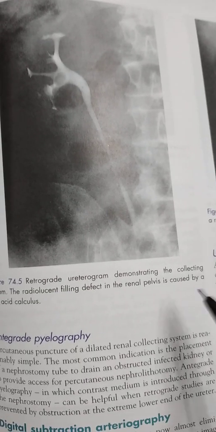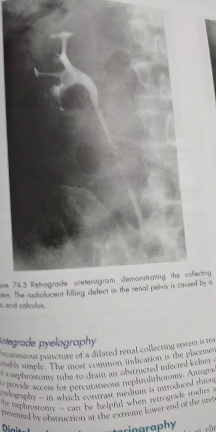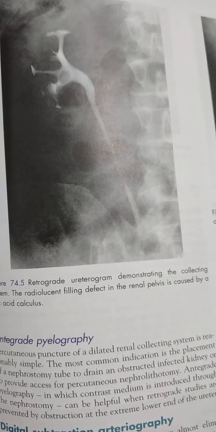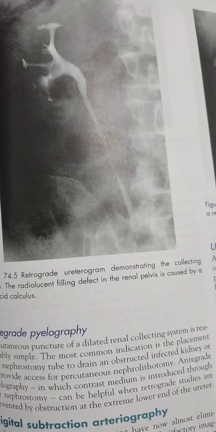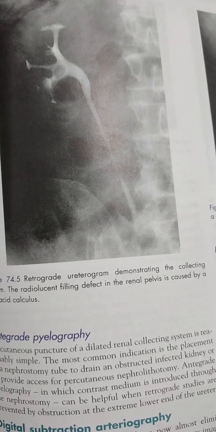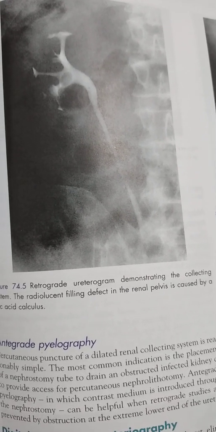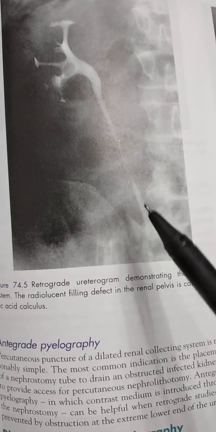Here is an intravenous urogram in which urographin, injected into the vein, has been given. Before you inject it, you have to do a little sensitivity test also, which I'll talk about later. Suffice to say here that you find the pelvis of the kidney and the ureter, and it's normal.